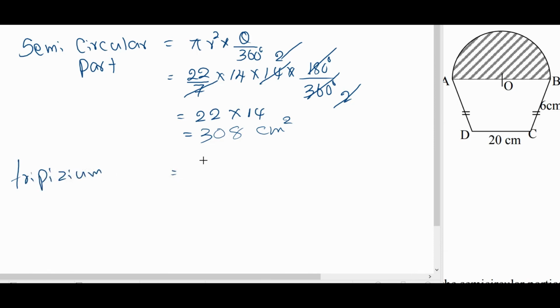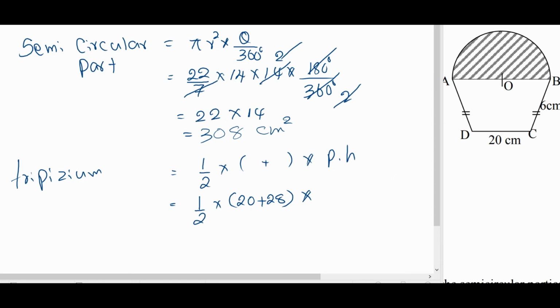And the trapezium part will be equal to half into the addition of the two parallel lines into the perpendicular height. Half into the two parallel lines, BC and AB, then 20 plus 28, into the perpendicular height.